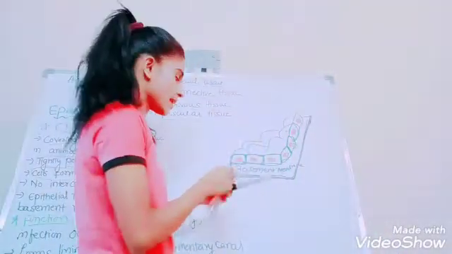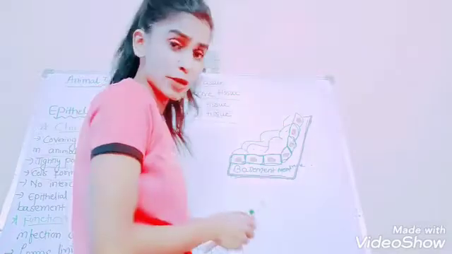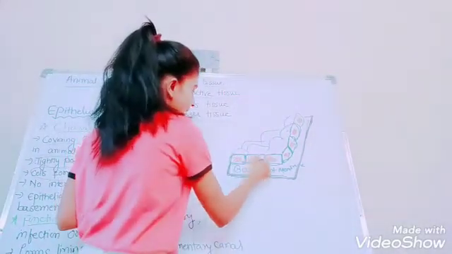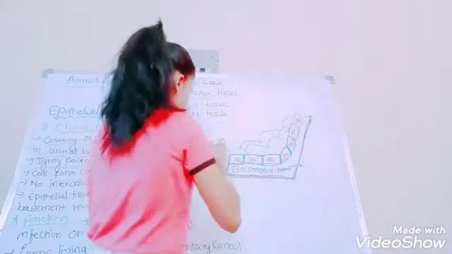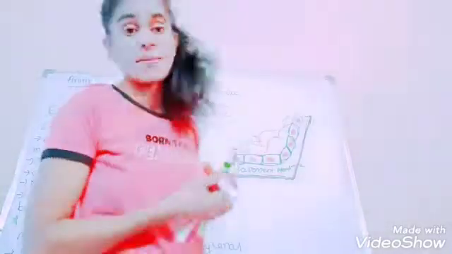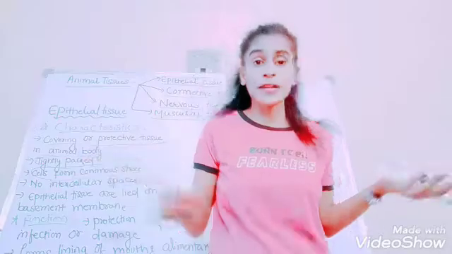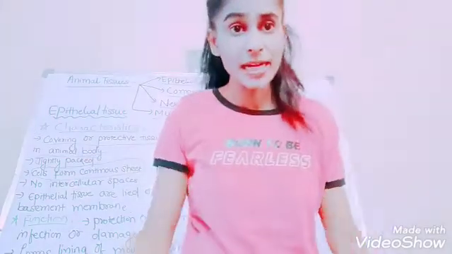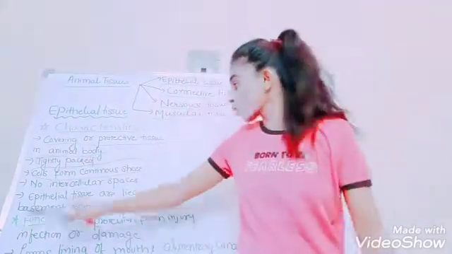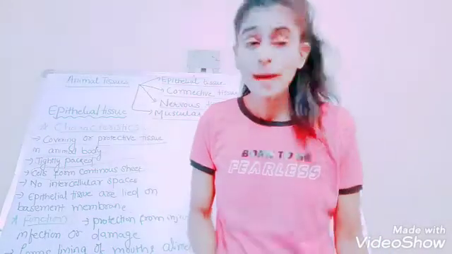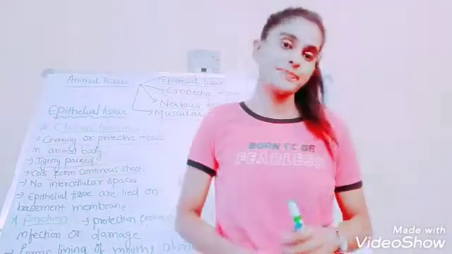You can see very clearly that the nucleus is visible. These cells have a very clear nucleus, and inside it the cytoplasm is also present. Of course, a cell has a nucleus and cytoplasm, which we read in the first lesson, the fundamental unit of life. So this is the single sheet of cells located on the basement membrane.